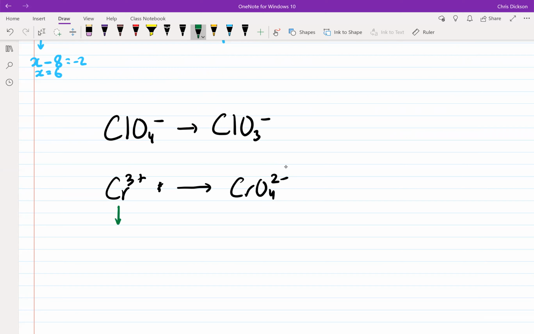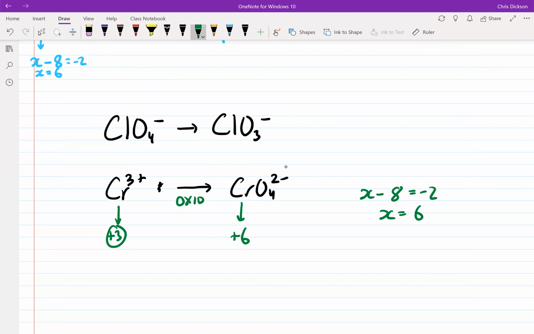This clearly is +3, and this chromium would be x minus 8 equals -2. So this would be x equals 6. Okay, so clearly that looks like oxidation to me. That's an oxidation reaction. Charge has gone up. No reduction going on here. Okay, so oxidation, that's LEO, so losing electrons.